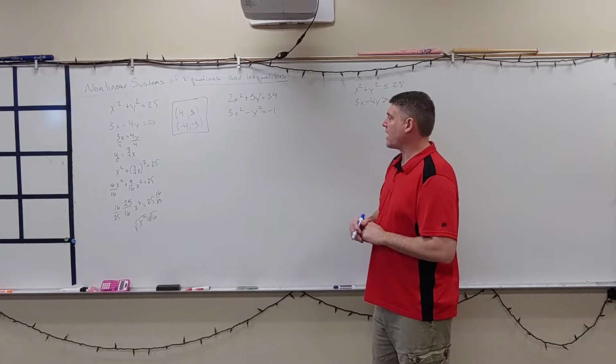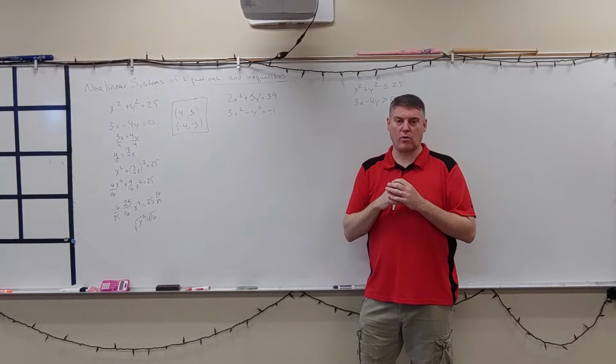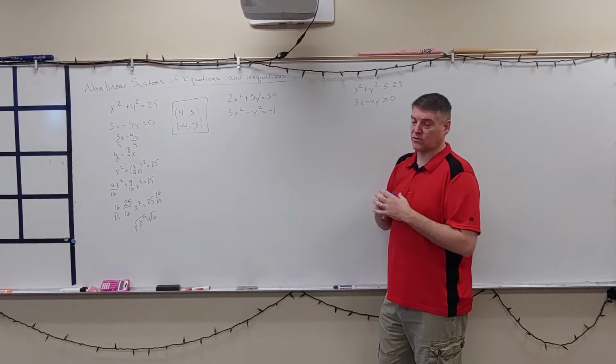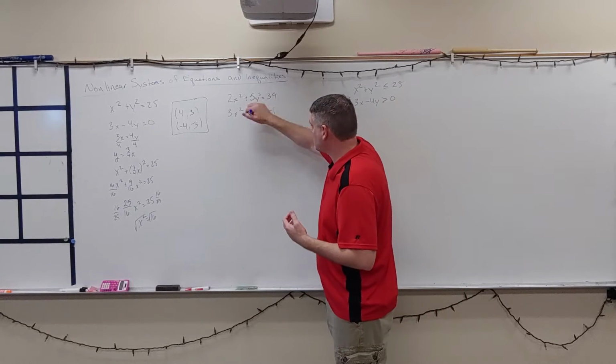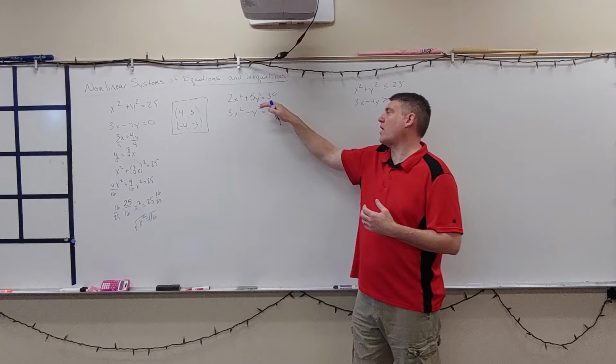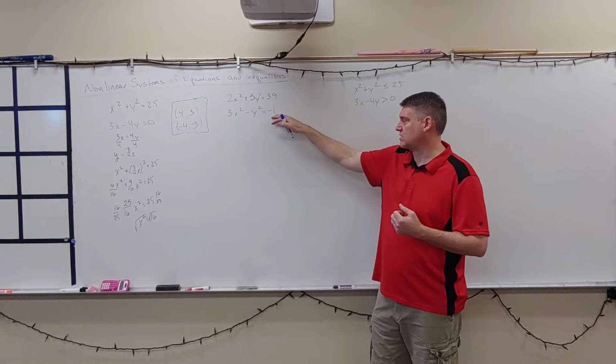All right, so now we have a hyperbola and an ellipse, and we want to know where these are going to intersect. So once again, I'm going to solve for one of the variables. I have 2x squared plus 5y squared equals 39, and I have 3x squared minus y squared equals -1.